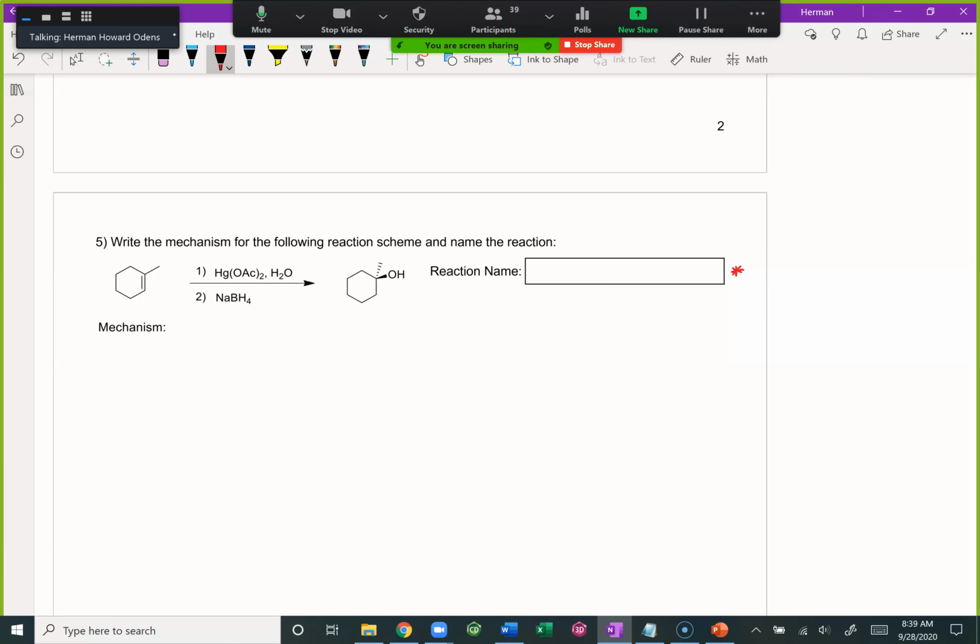Now I'll tell you something that's going on in the world right now, because of the social justice unrest that the US and other countries are having. Some chemists are starting to complain about name reactions. Don't take this from me, I'm just telling you the news so you know what's happening.